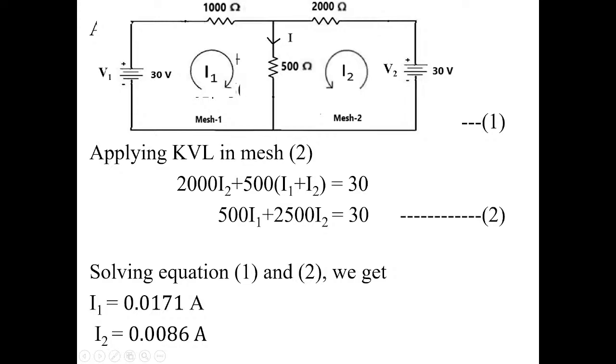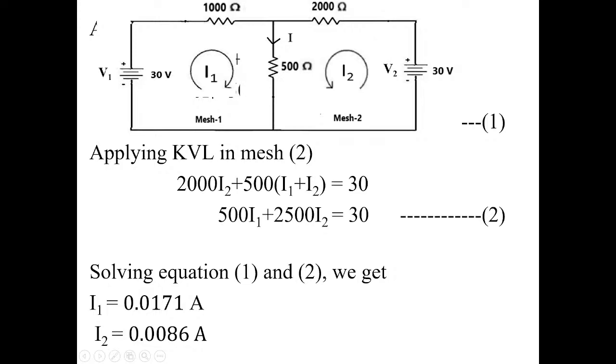So source voltage and 2 passive elements. What voltage drops will be there across these 2 resistive elements? Across 2000 ohms, the voltage drop is I into R, R value is 2000, so 2000 into I2, plus 500 into I1 plus I2, because both current directions are downward.